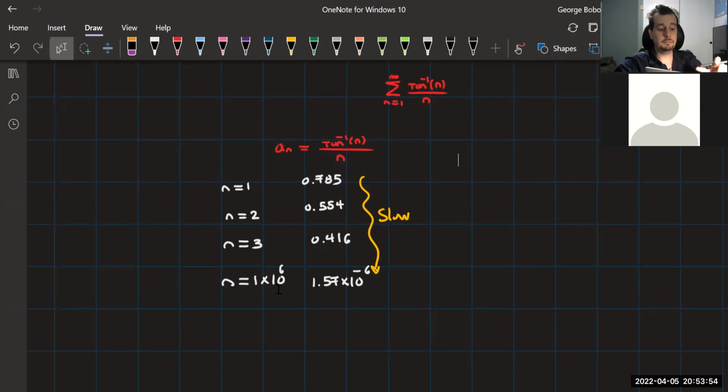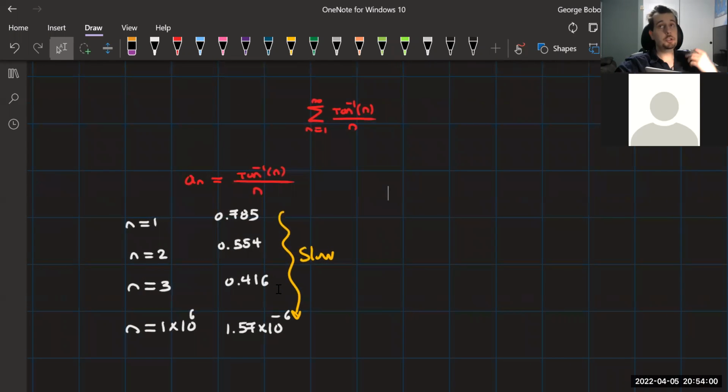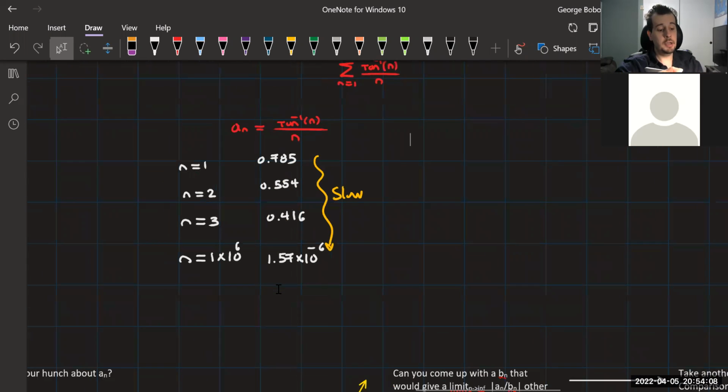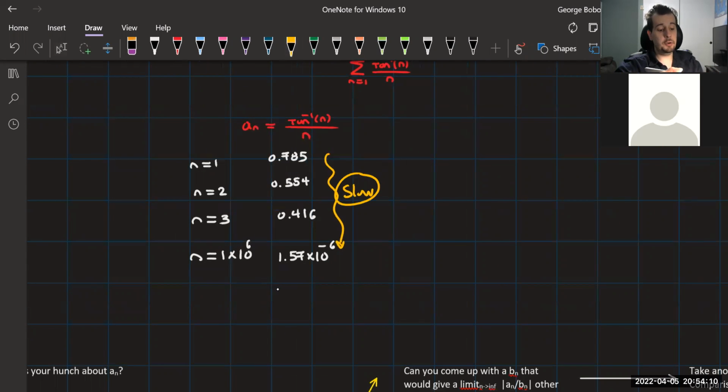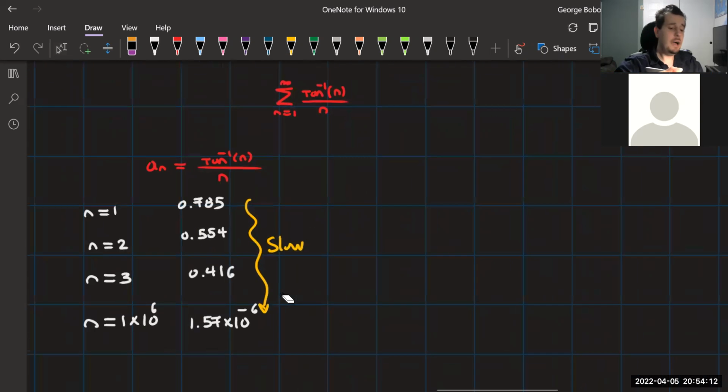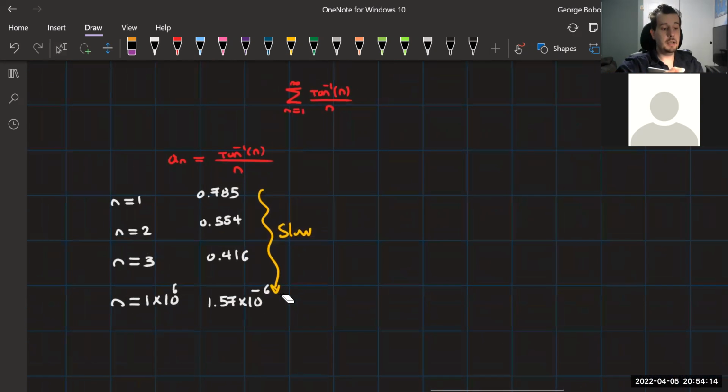Not too sure. Okay, I'll pick for you. I'm going to choose to see if it diverges. My hunch is it's very slow, so I would go with trying to prove that it diverges.